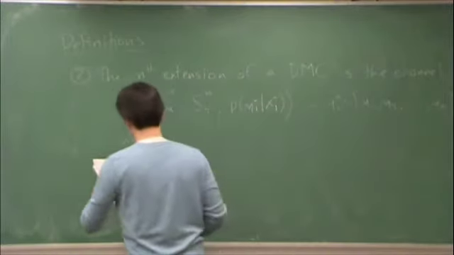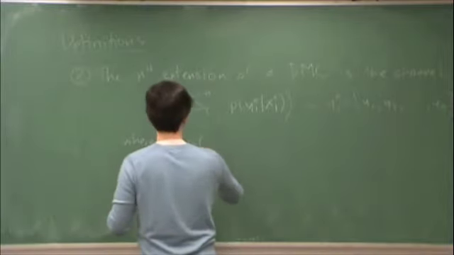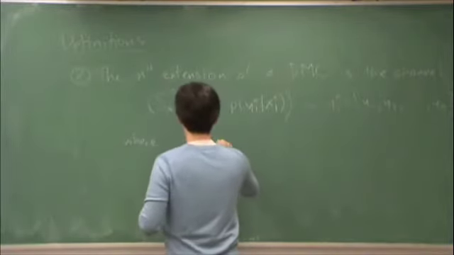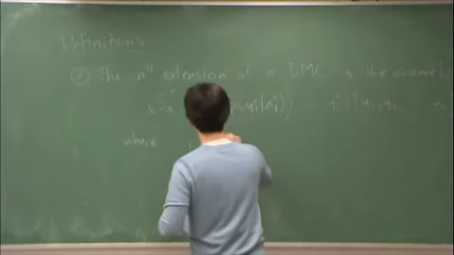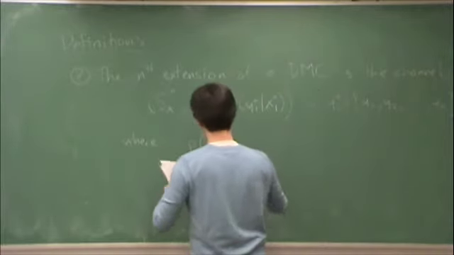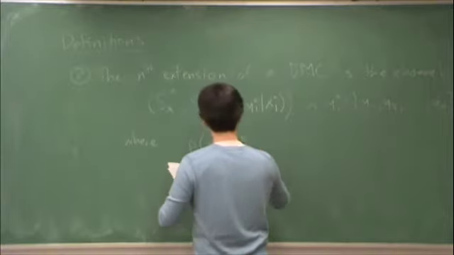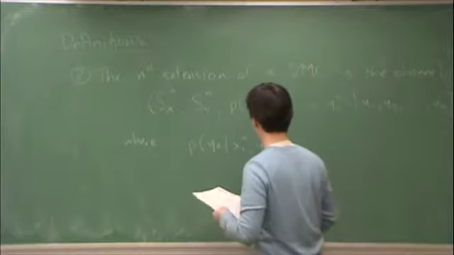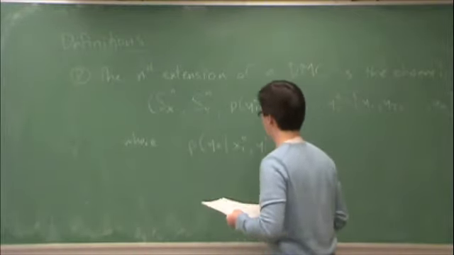So if I do that, probability of, let's say, the kth output given the inputs from 1 to k and the outputs from 1 to k minus 1.